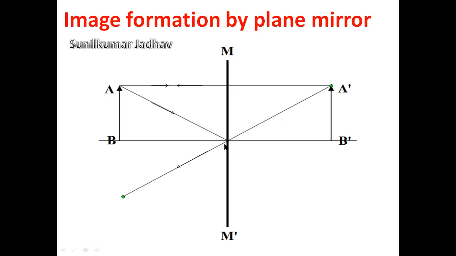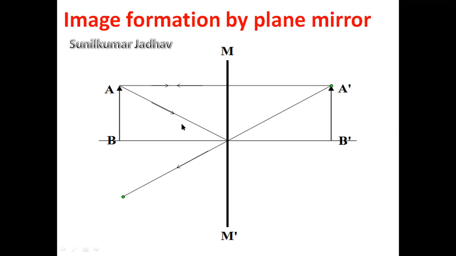So this is the incident ray. It makes some angle with the normal, and this is the reflected ray, which also makes an angle with the normal. As per the laws of reflection of light, the angle of incidence is equal to the angle of reflection. Suppose this angle is 40, then this angle would also be 40. This is law number one.